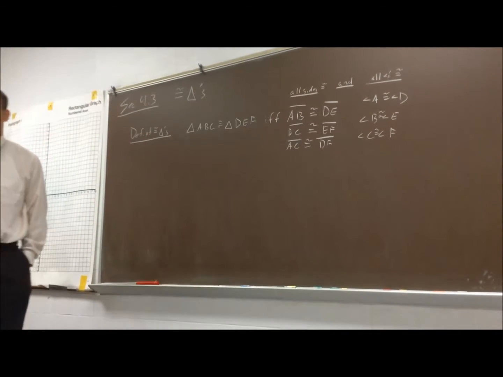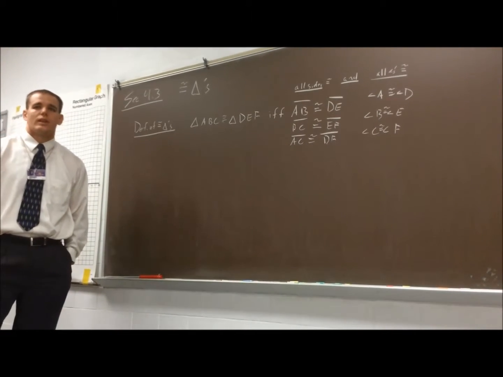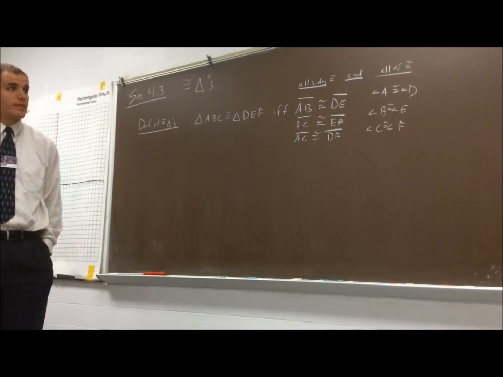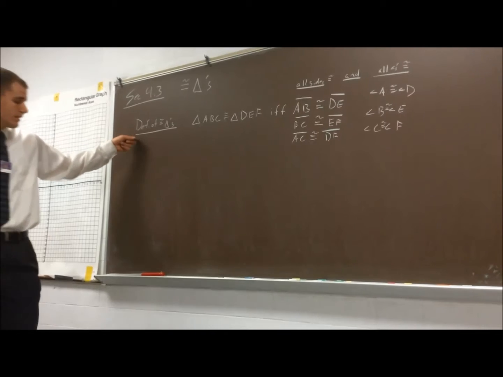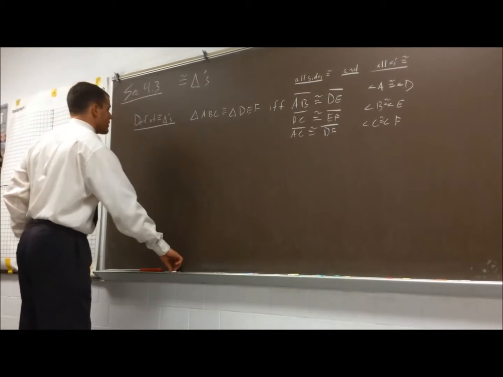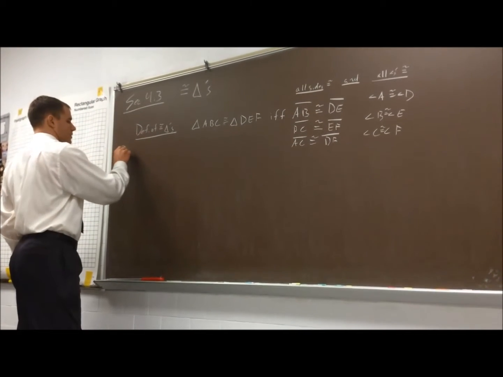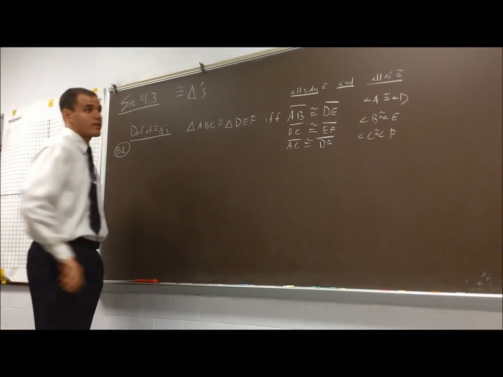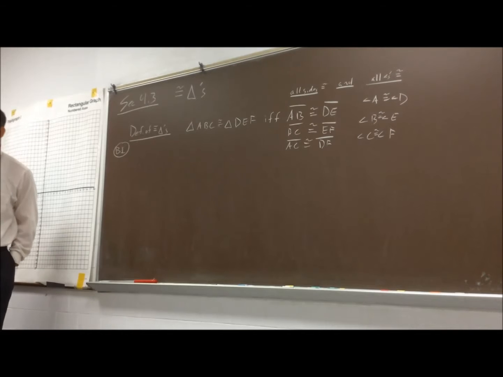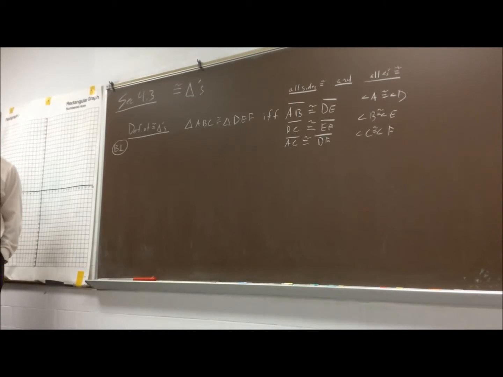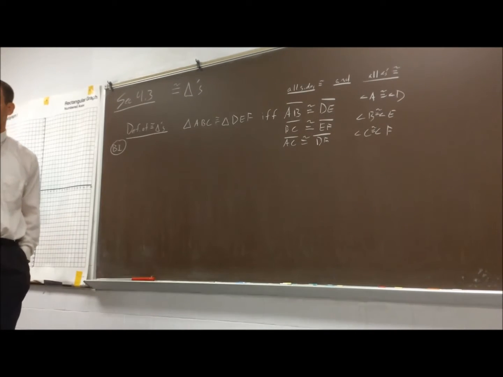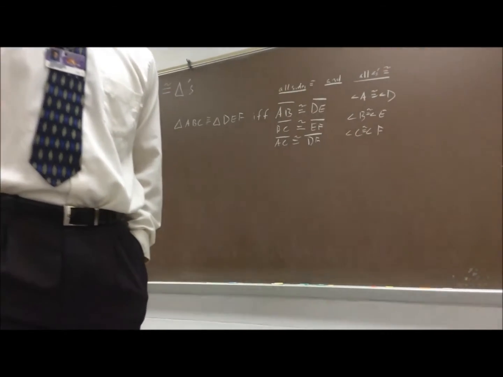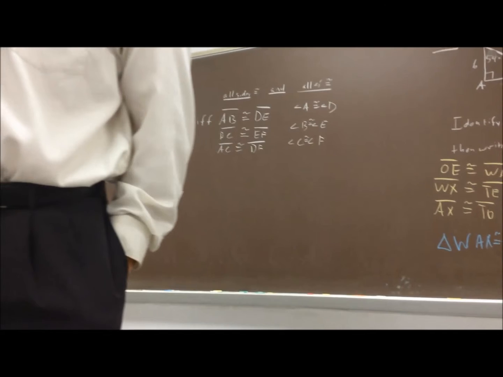This definition by itself, not super important, but it's what comes after that's really important. The big idea today, definition of congruent triangles: if the triangles are congruent, then all the sides are congruent and all the angles are congruent. Take about 10 seconds here, summarize this in your own words to your team, and then you may begin your homework.